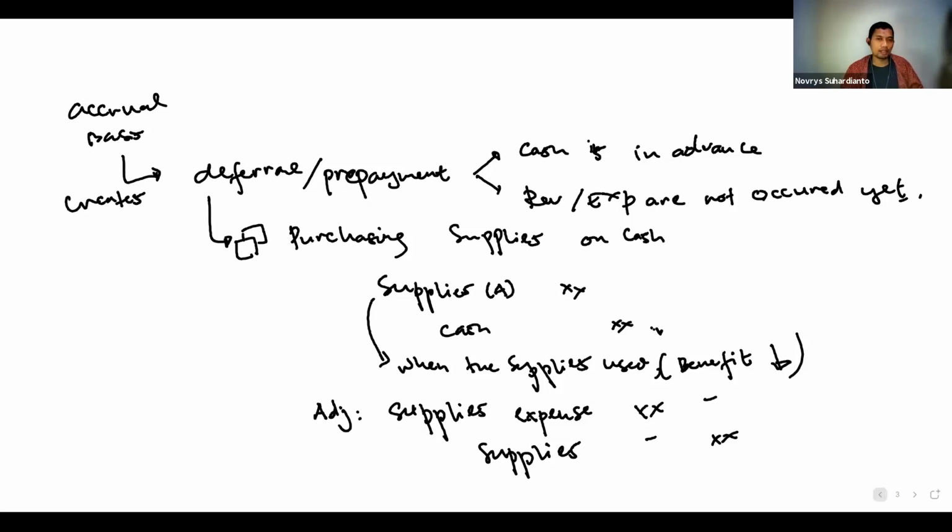Whether the customer is satisfied or not with your performance, when you finish performing, finish delivering the inventory, finish rendering the service, done, revenue recorded. Although in the future your customer complains, it doesn't matter. It's a different thing, right?